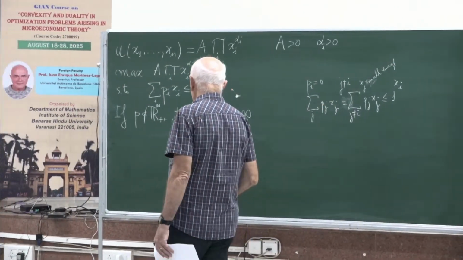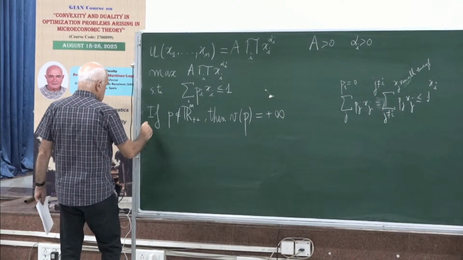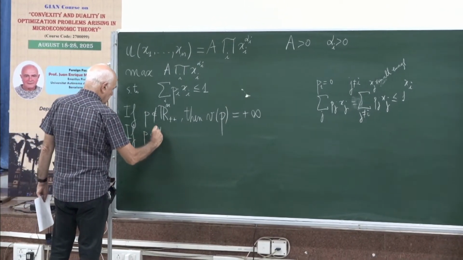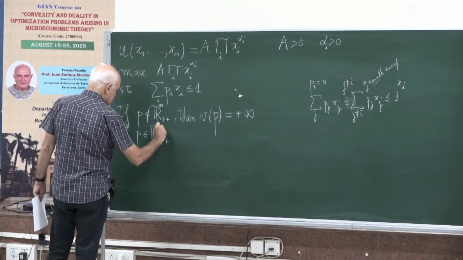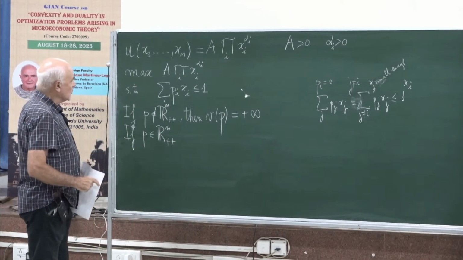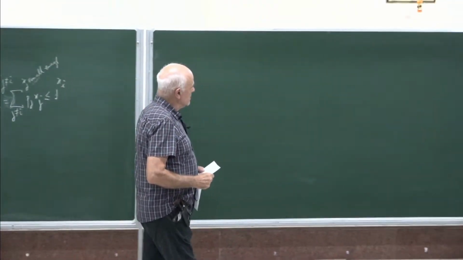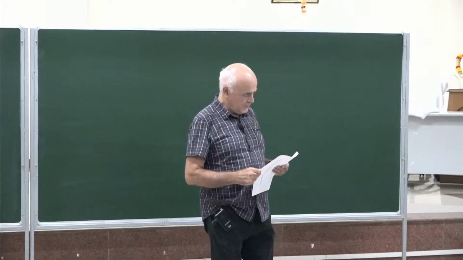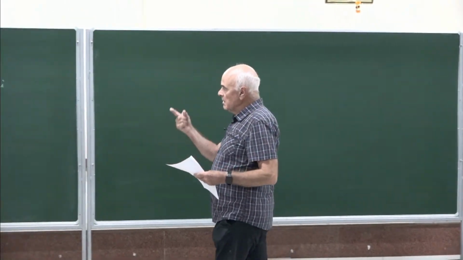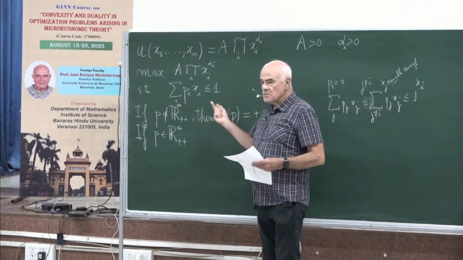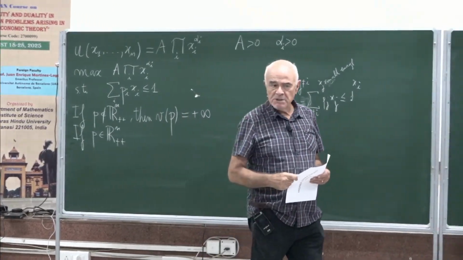Then consider the interesting case, which is when p is in R plus plus n, all components of p are strictly positive. Then let us solve this problem by considering the Lagrangian function associated to it.